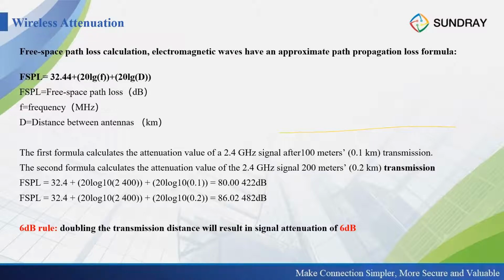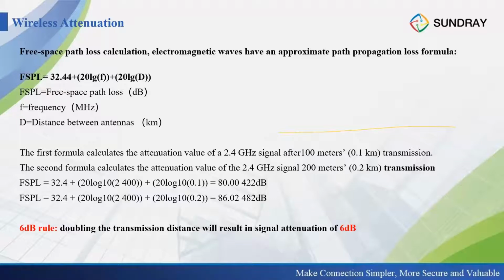And if the signal is transferred for 200 meters, how much should it be? About negative 66, almost near negative 70 dB. So from this formula we can see one rule for calculating signal transmission distance. We call it the 6 dB rule.